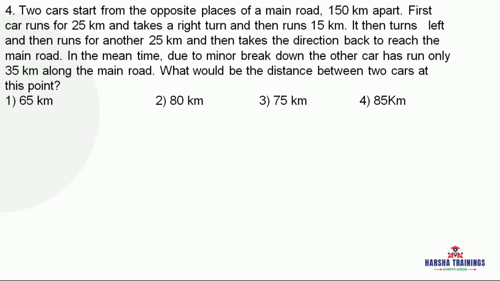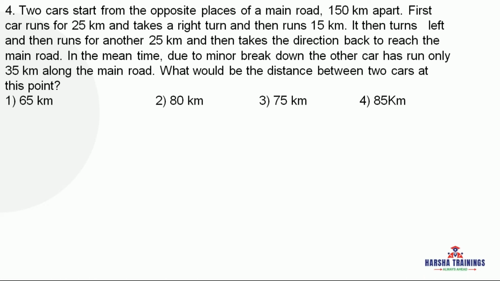This question recently came in a TCS exam, maybe the 24th exam, I think. Two cars start from opposite places of a main road, 150 kilometers apart. The first car runs for 25 kilometers, takes a right turn, and then runs 15 kilometers.